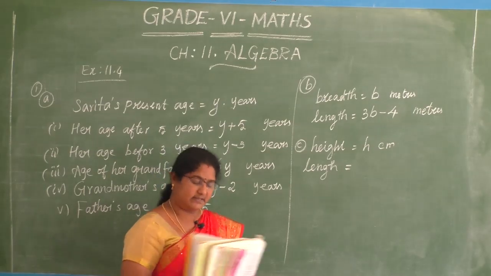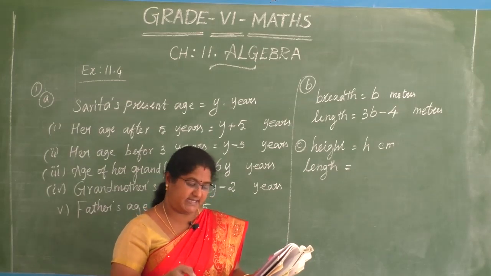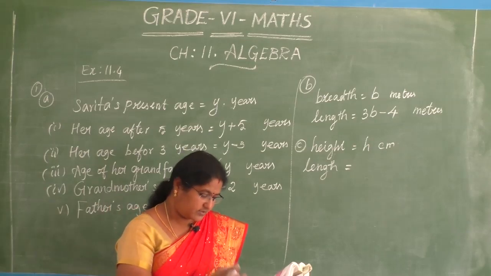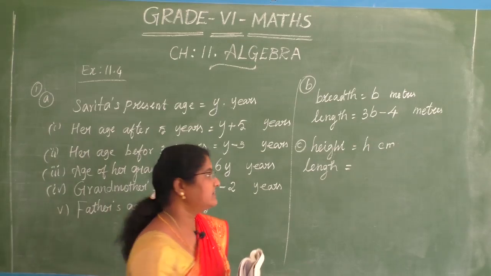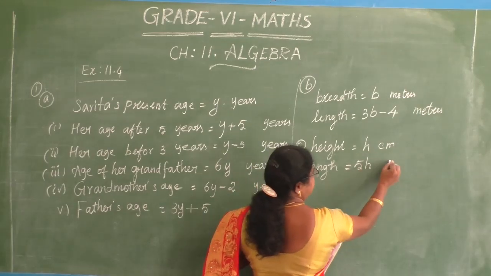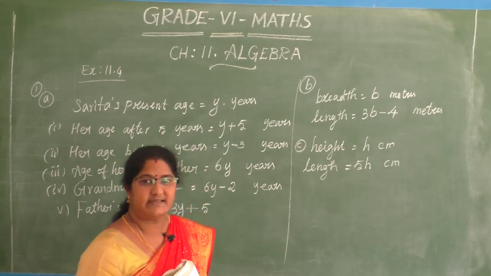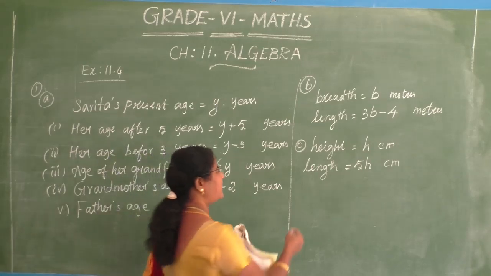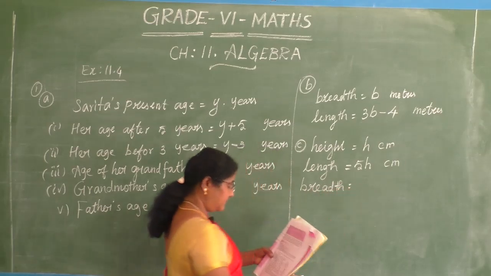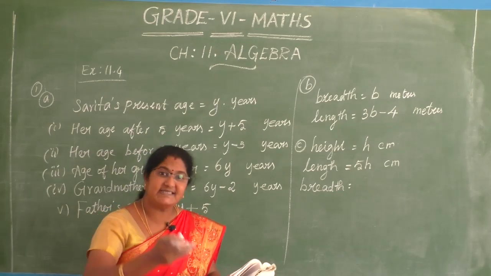So first, the length. Length is 5 times the height. 5 times the height means multiplication: 5 into height, 5h centimeter. Next, the breadth. Breadth is 10 centimeter less than the length.